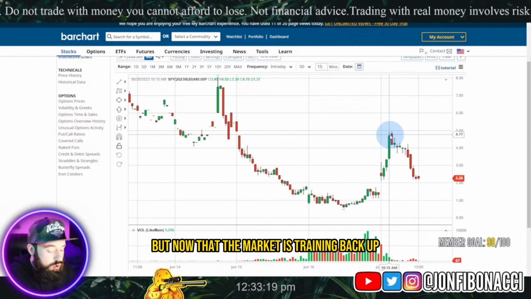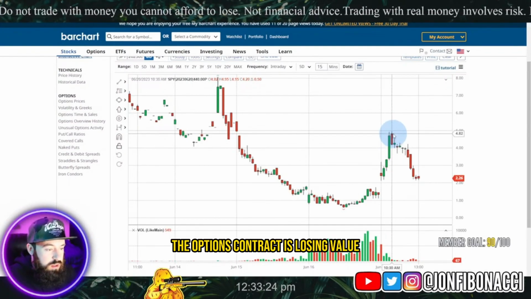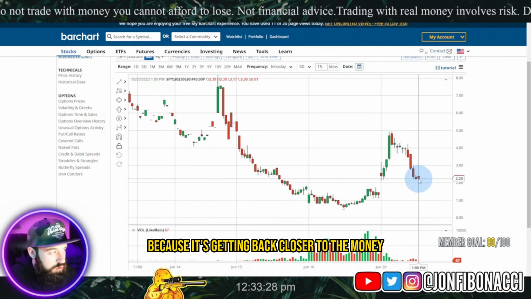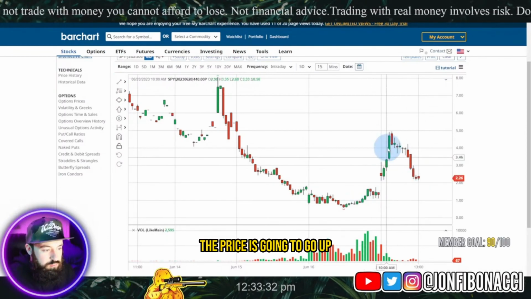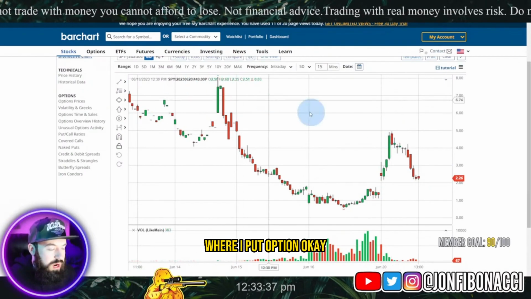But now that the market is trading back up near the strike price, the options contract is losing value because it's getting back closer to the money. Does that make sense? So it's an inverse. The price is going to go up when we want the market to go lower for a put option.